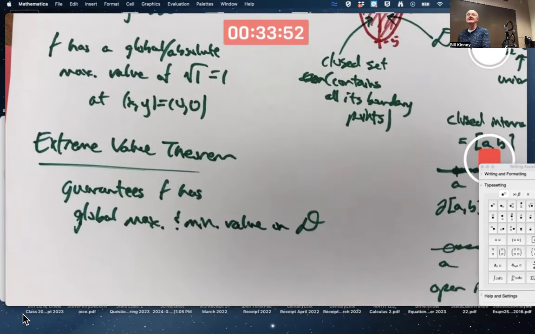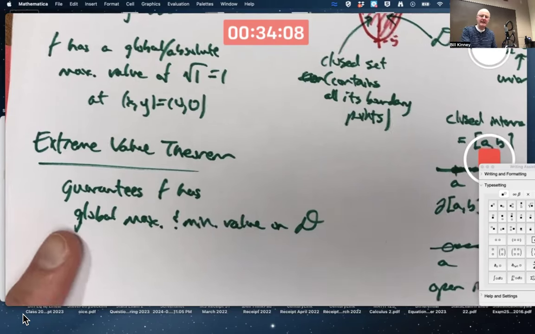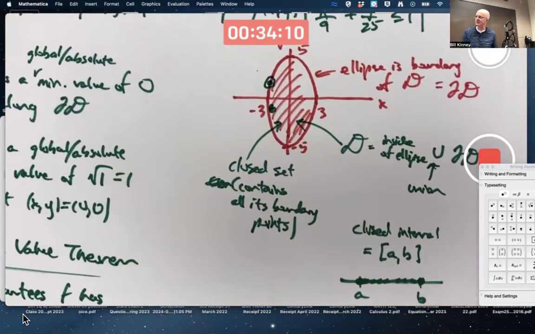It says if you've got a continuous function, if F is a nice continuous function, and the domain happens to be closed, meaning it's a set containing its boundary, and bounded, meaning it doesn't go off to infinity in some direction.